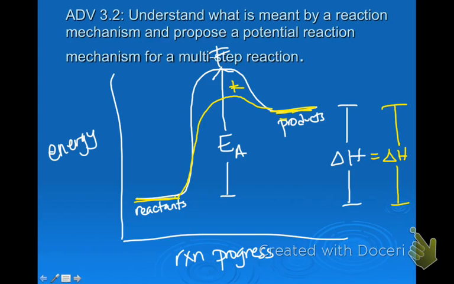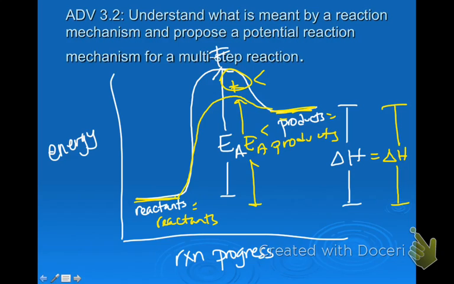So the overall delta H, the overall change in energy, is the same, as is the amount of energy of the reactants and the amount of energy in the products. What it does change is the amount of energy of the transition state. So that is different, and it also shifts the activation energy, so it is less than it was before. Doesn't change delta H, doesn't change the value of the reactants energy or the products, but does shift the activation energy down.